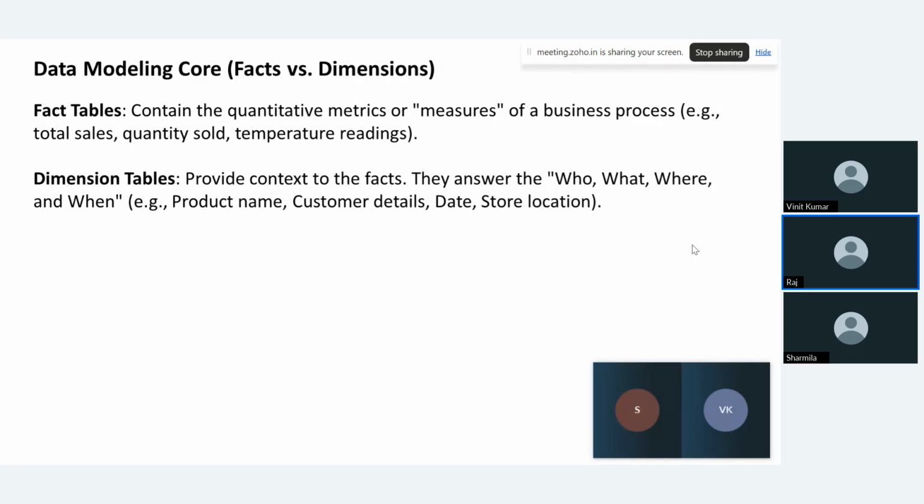While dimension tables store the data about what the fact table contains, like who, what, where, and when this data was produced: product name, customer details, date, store location. This kind of information is part of dimension tables. And the quantitative analysis data for those dimensions comes under fact tables.